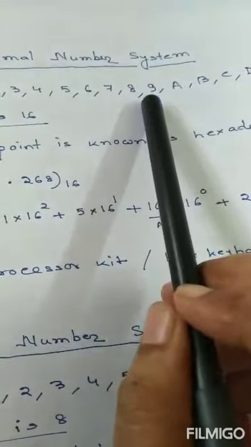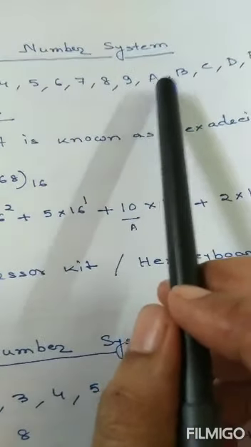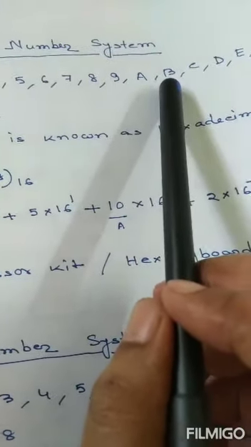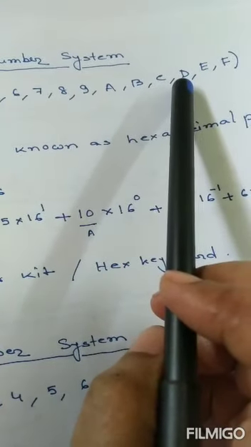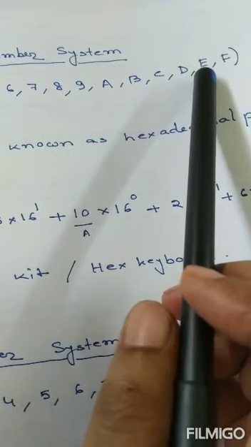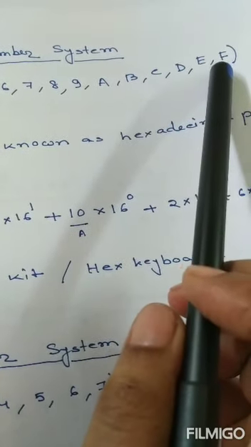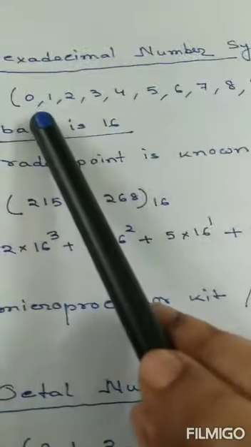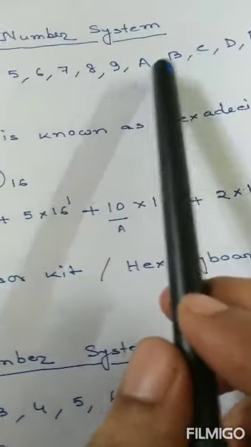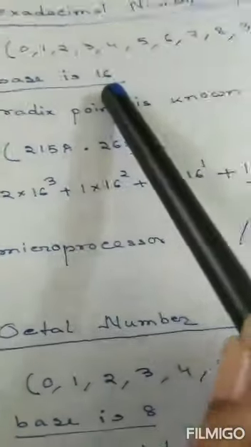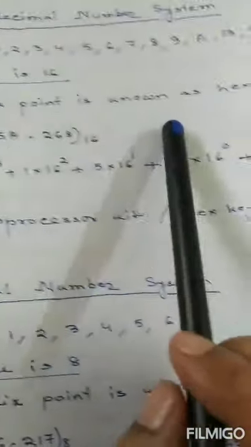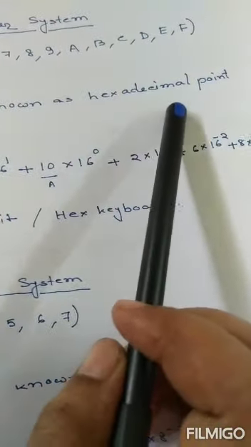Then 10 is represented as A, 11 as B, 12 as C, 13 as D, 14 as E, 15 as F. So 0 to 9, then A, B, C, D, E, F. It consists of 16 numbers in total, so the base is 16, and the radix point is known as the hexadecimal point.